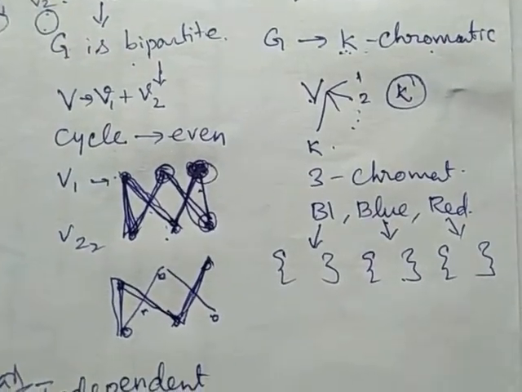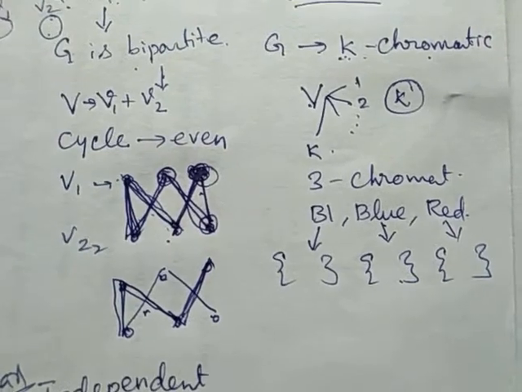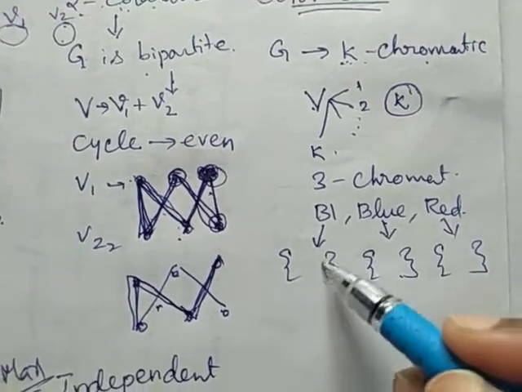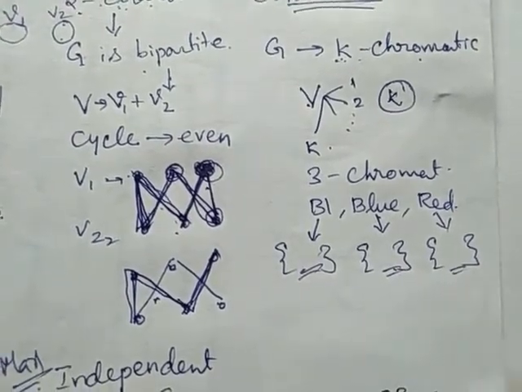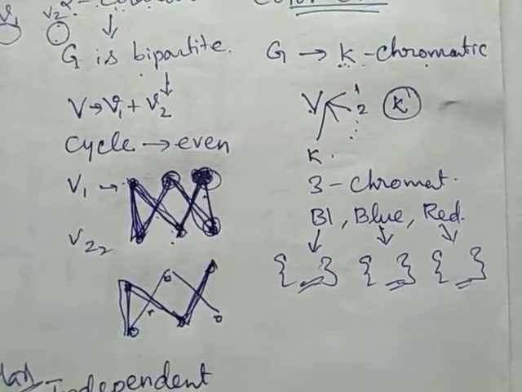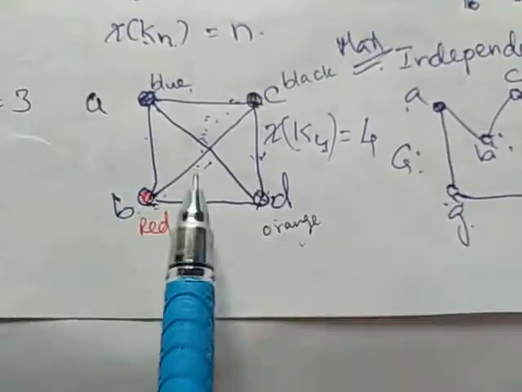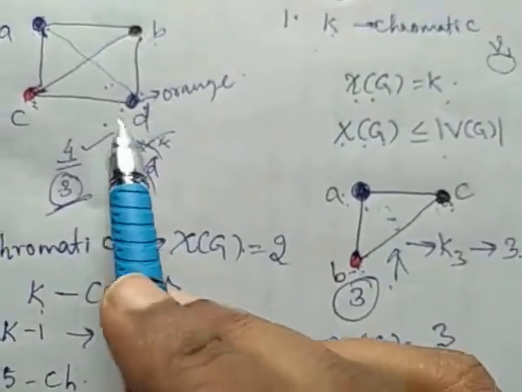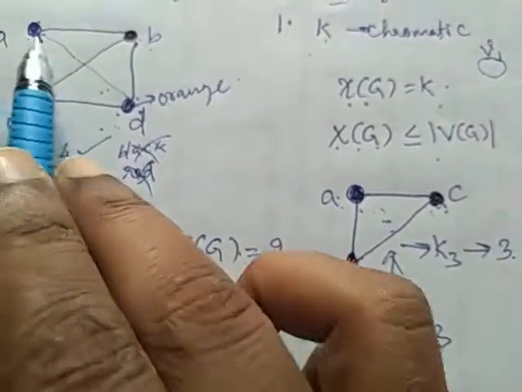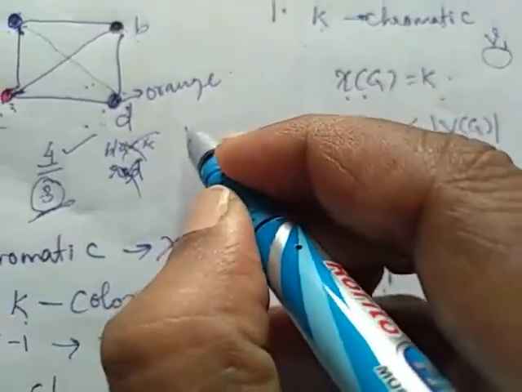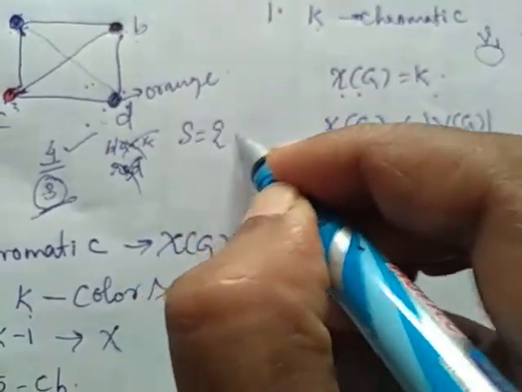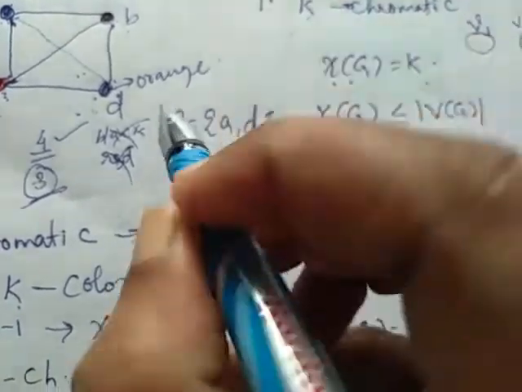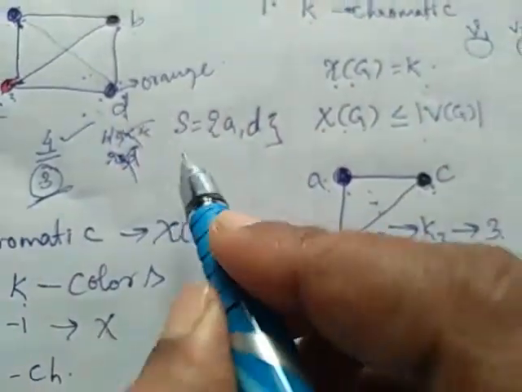Since adjacent vertices do not share the same color, we won't have adjacent vertices in a set. For example, in this graph, blue are A and D. Obviously, A and D are not adjacent to each other.